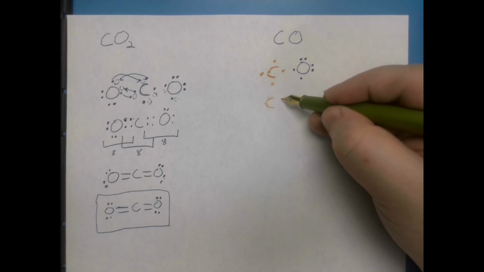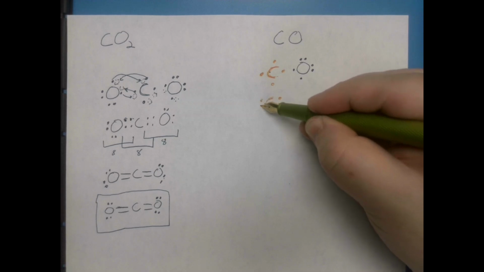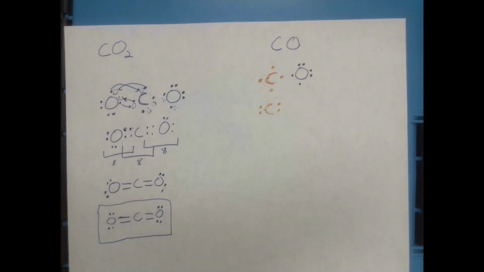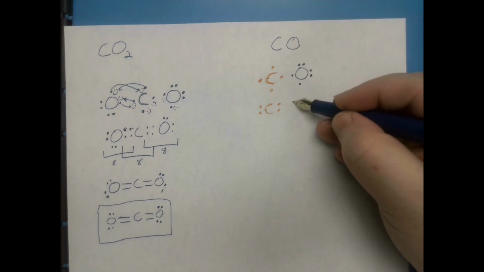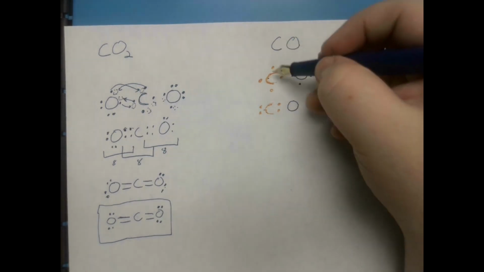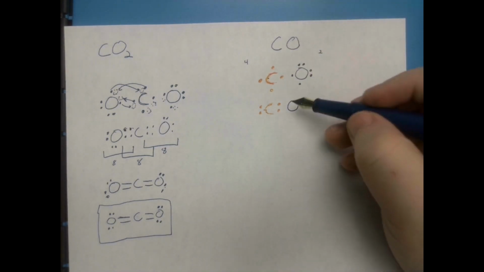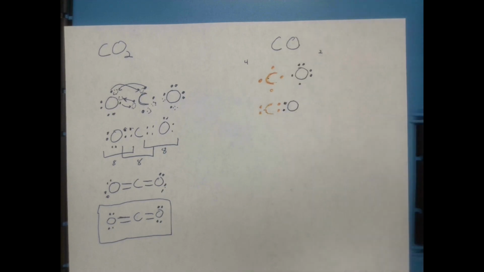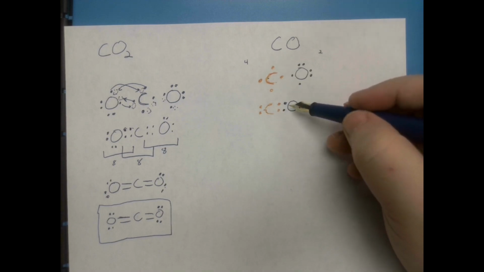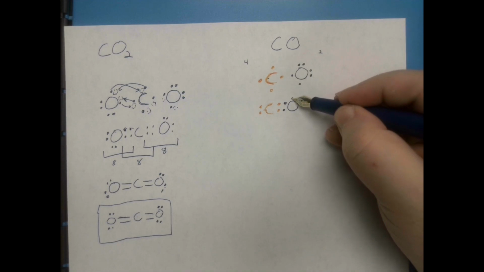So carbon is going to share 2 electrons with the oxygen. Carbon needs 4, oxygen needs 2. I'm going to go ahead and share 2 electrons with the carbon. So I'll move these over. Now I got these 2 right here.